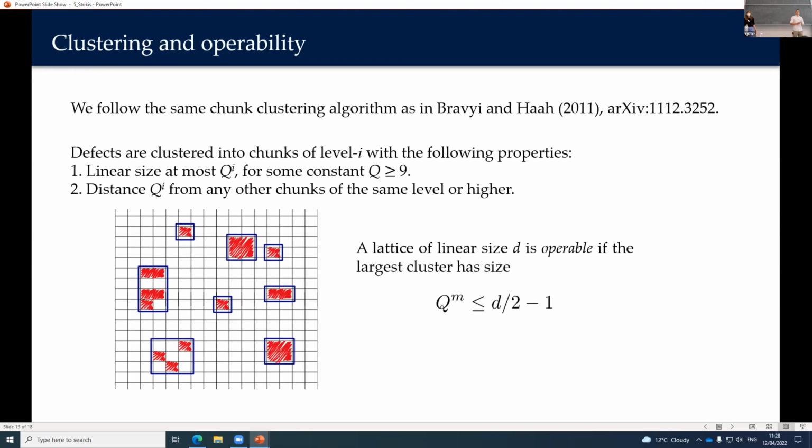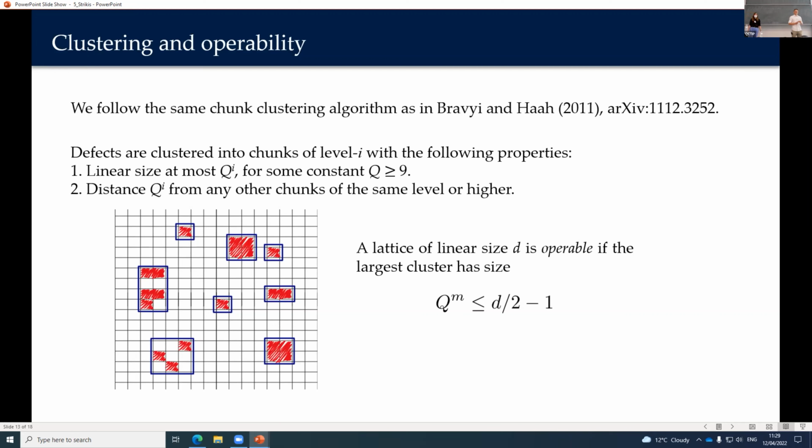And once that is satisfied, and we are using this kind of chunk clustering algorithm, then the threshold statement follows. And the threshold of around 10 to the -7. So lower bounds. Yeah, okay, fine.